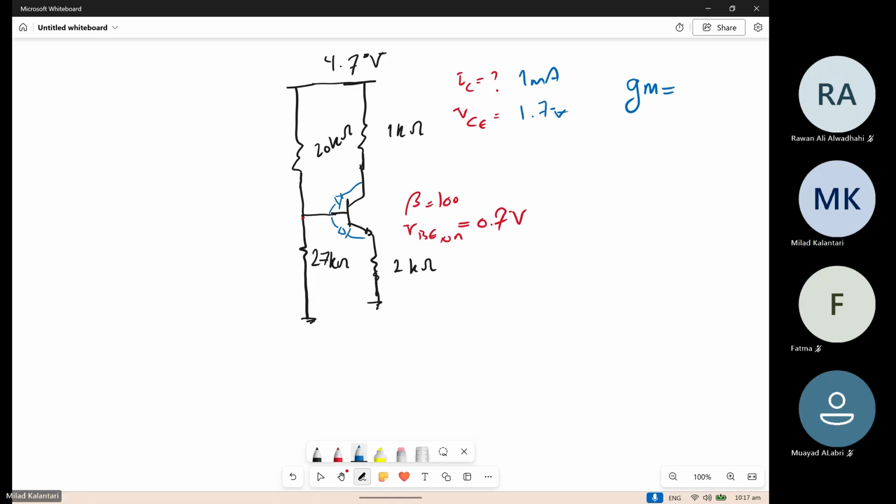Why is the other one reverse? Because if you calculate, here is 2 volt DC, here is 2.7 volt, and here is 3.7 volt.